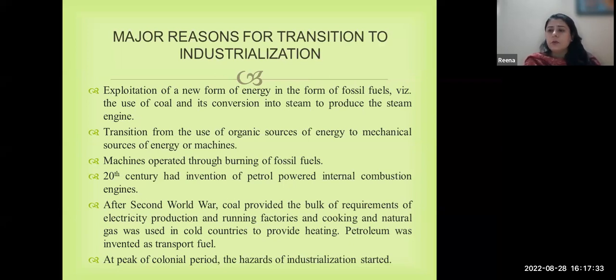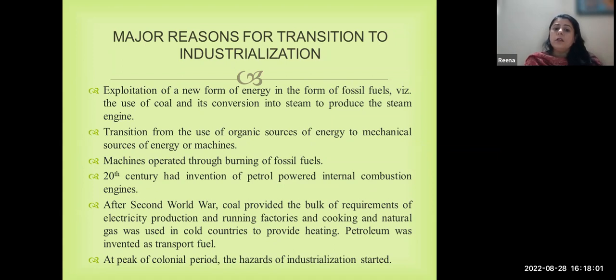That was your personal choice, because you were not influenced by marketing strategies and tactics. But nowadays, directly or indirectly, consciously or unconsciously, we are moving towards consumerism because of this industrialization. Then machines are operated through burning of fossil fuels, which also helps in more industrialization.